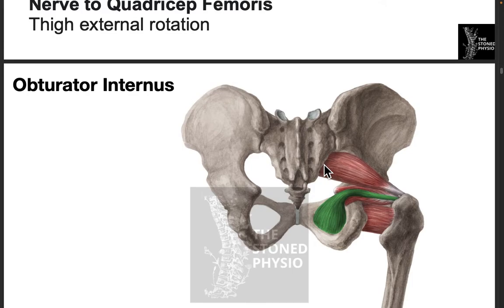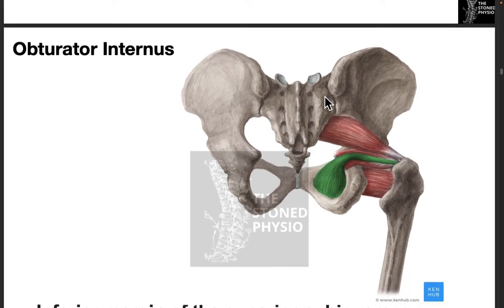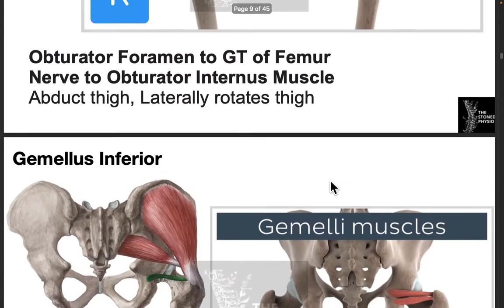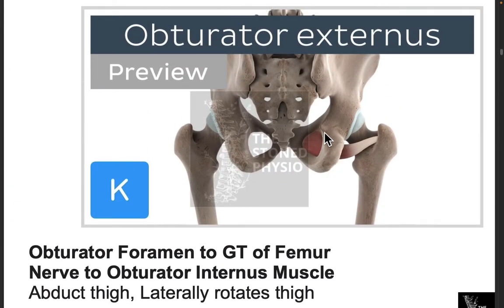I hope everyone understands why it is inside the pelvis. This is the posterior part of the pelvis, and this is the anterior part of the pelvis, and it is present between the two. But the obturator externus is present on the anterior aspect of the obturator foramen, and that's why it is called obturator externus. Clear till here?